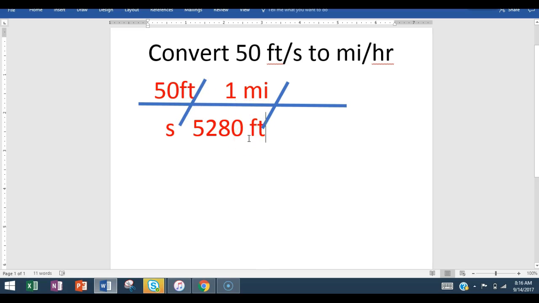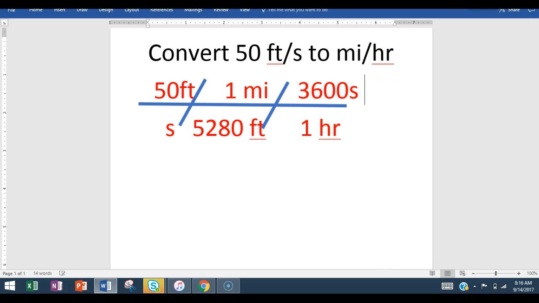I still need to get rid of seconds, however. So I need a seconds conversion, but I also need to end up with hours. So seconds will end up being up here to cancel out with these seconds. And the conversion that I have on my American units is, I know that 3,600 seconds equals 1 hour.